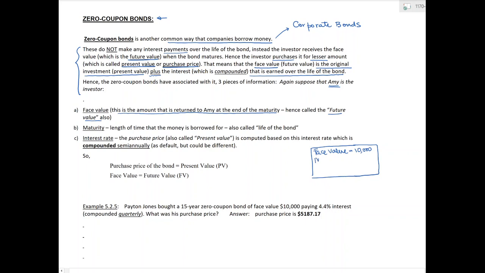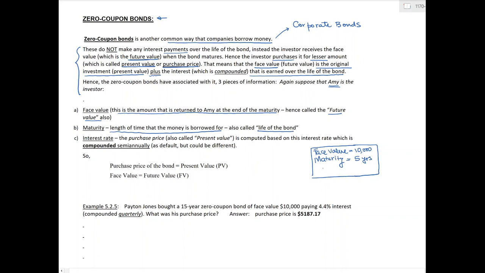Then maturity. So maturity is obviously like the life of the bond. So suppose maturity is 5 years. So this is the length of time that the money is borrowed and is also called the life of the bond.